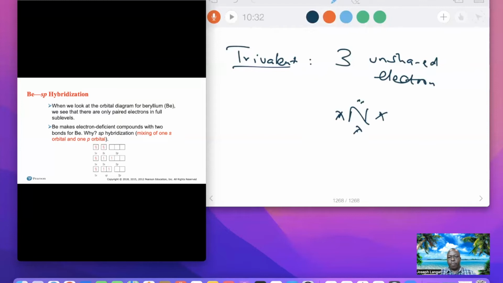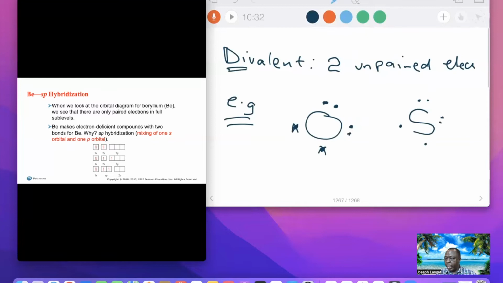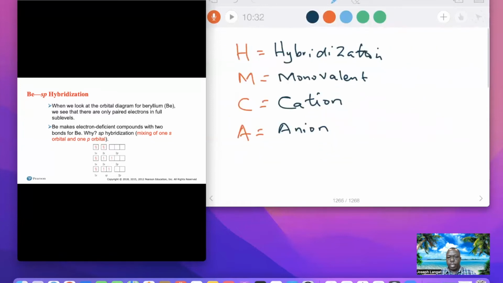We call it trivalent. The reason I'm bringing this up is so that we know what monovalent is. Monovalent in this equation means it has one unshared electron, and this has to be on the external atom.